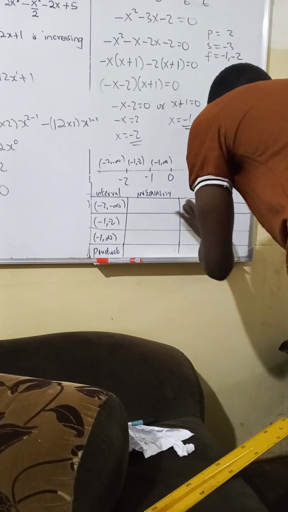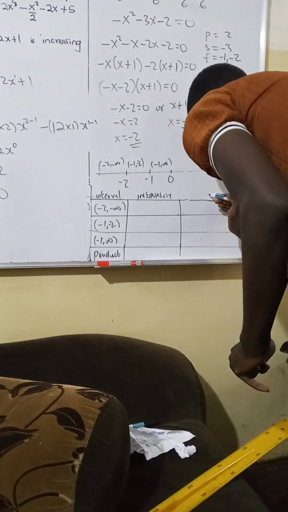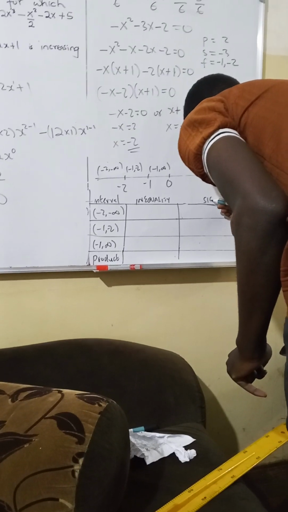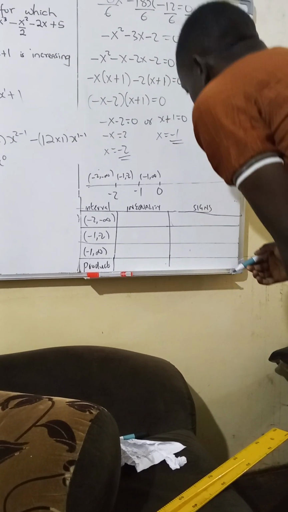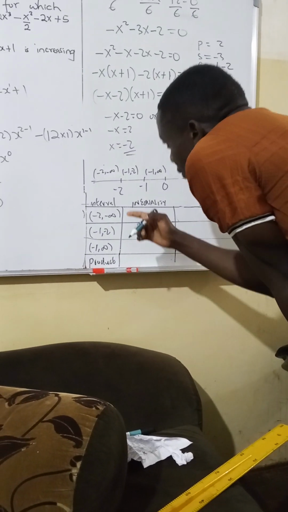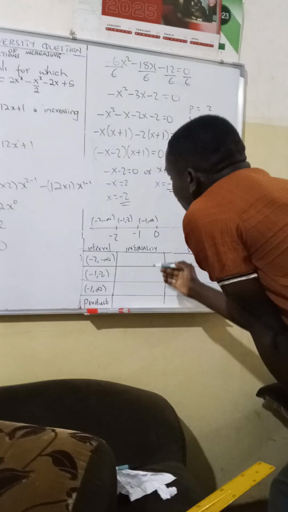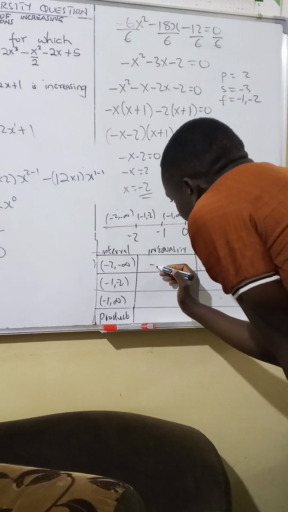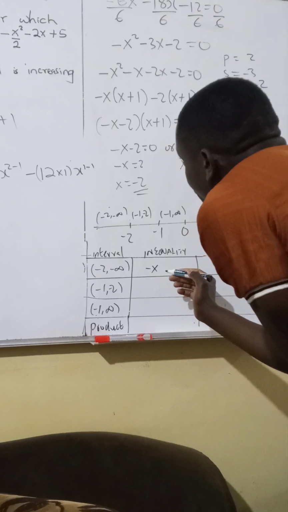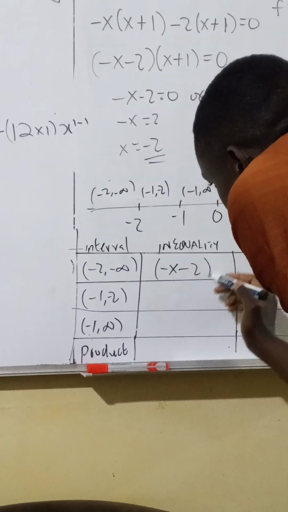Then the sign here. Okay. So if I pick a value in this range, I can pick negative 3. The first inequality, the one which I have factorized, is negative x minus 2.